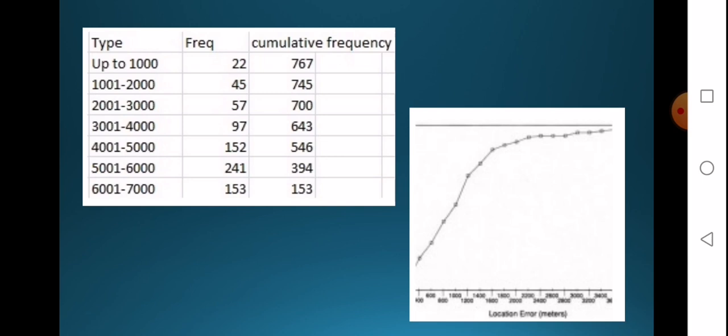Let's say you were the manager of a premium grocery store and you wanted to know how many people spend more than $5,000 in groceries. Your cumulative distribution would look like this. It tells you that 394 people spend more than that amount per year.